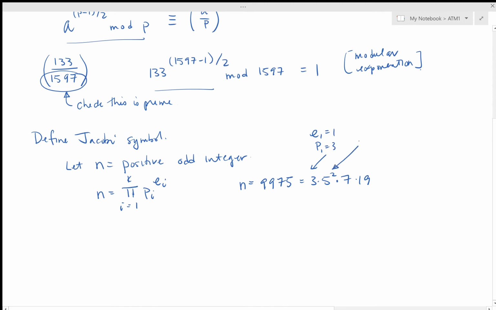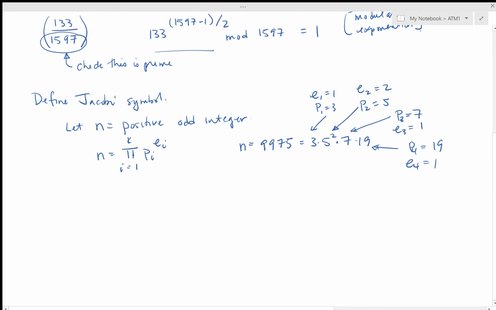And here P2 is 5 and E2 is 2. And P3 is 7 with E3 equal to 1. And the last one, P4, would be 19 and E4 is 1. So that's how I'm representing n.